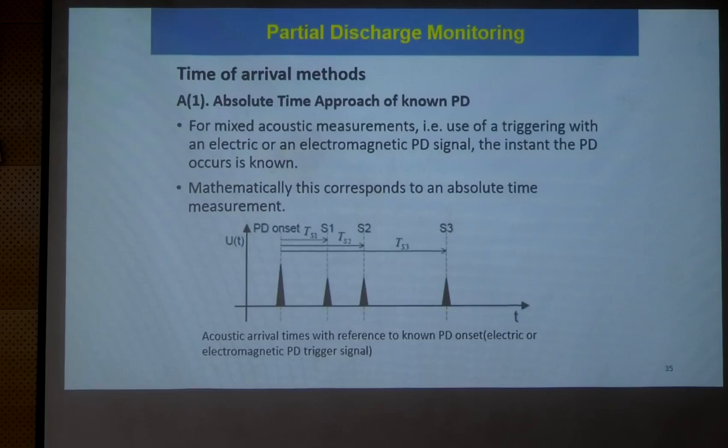We can even go with a multi-fusion sensor technique. One particular sensor will give very good patterns, and another type of sensor will give particular signatures very nicely. Combining the features, if you could combine them, then we can easily identify the problem. Like the morning session explained, you can use current signature analysis and some other analysis.